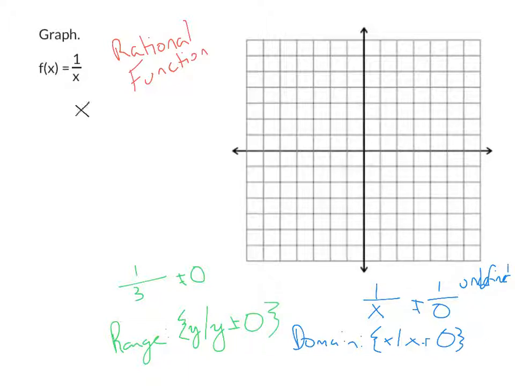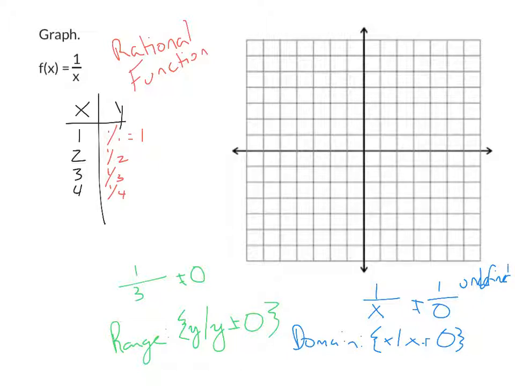Now I'm going to put in an xy chart here and start picking some numbers. I'm going to start by picking numbers like 1, 2, 3, 4. And if I put those in, 1 over 1 gets me 1, 1 over 2 is just a half, 1 over 3 is a third, 1 over 4 is a fourth.